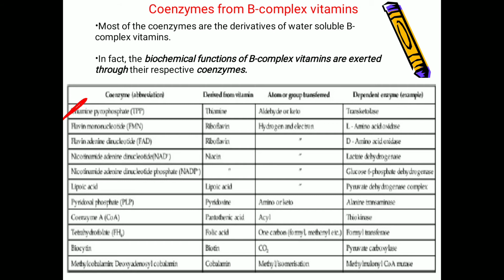Next is biotin. The coenzyme form is biocytin and it will transfer CO2, that is carbon dioxide. Example is pyruvate carboxylase. Next is cobalamin. The coenzyme forms are methylcobalamin and deoxyadenosylcobalamin. The groups transferred by this coenzyme are methyl and isomerization.